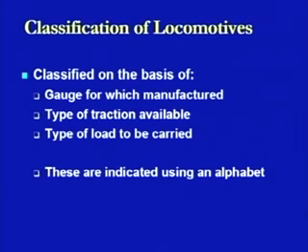Now we come to the last thing in this case, that is the classification of the locomotives. The classification of the locomotives is done on the basis of the gauges for which they are manufactured, the type of the traction available, the type of the load to be carried, and based on all these conditions for which it is to be defined, they are indicated using an alphabet.